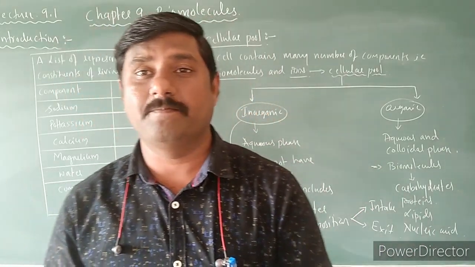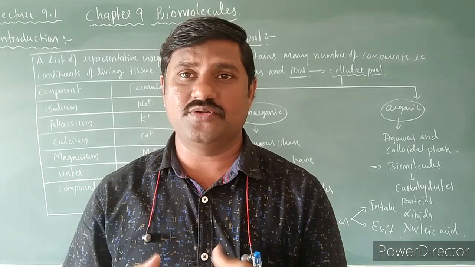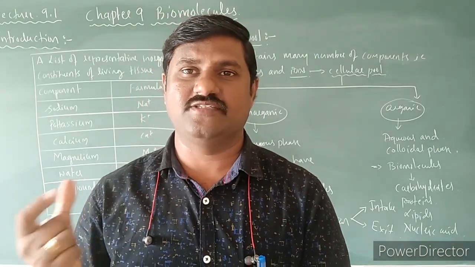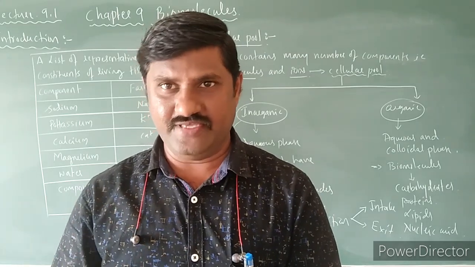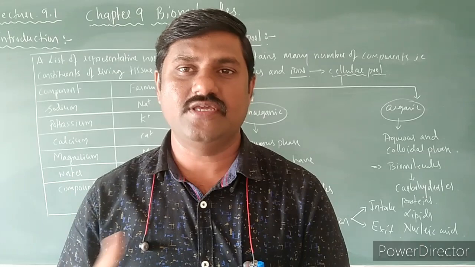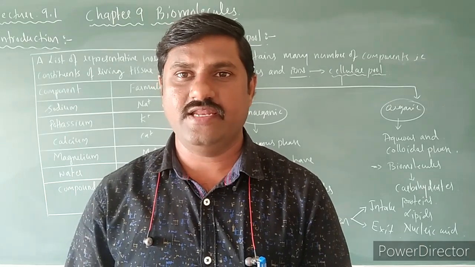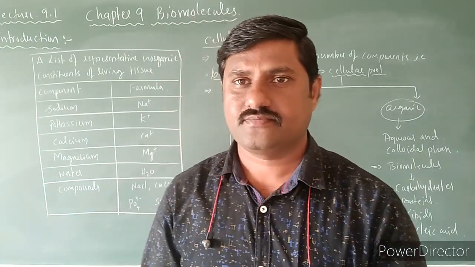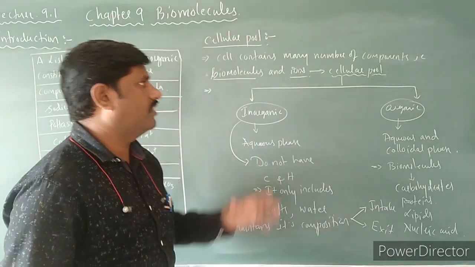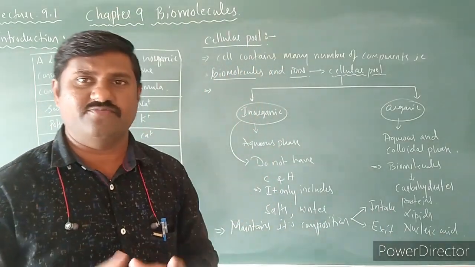How to do them, and how to come to know what components form the structure as well as functions of the living system, there also we analyzed. So in this class we totally came to know what biomolecules are and what the types of biomolecules are.